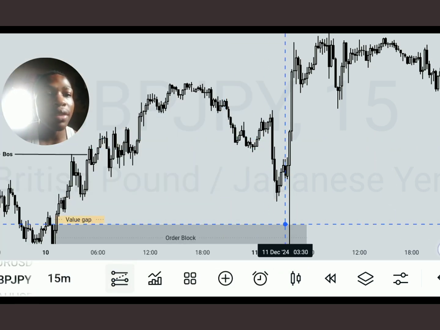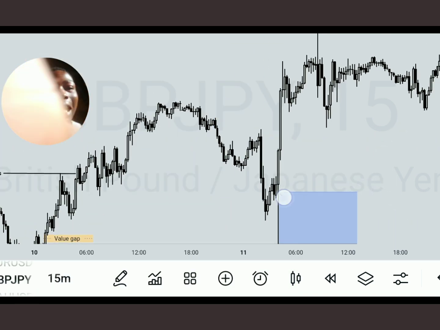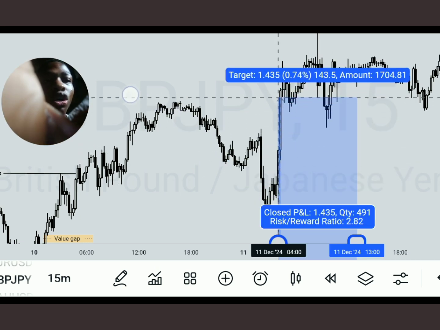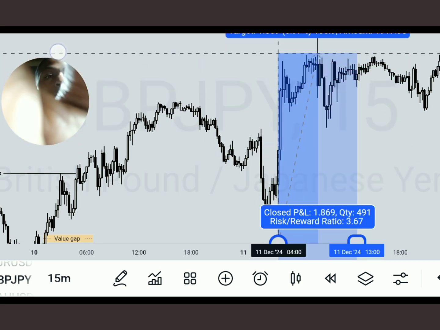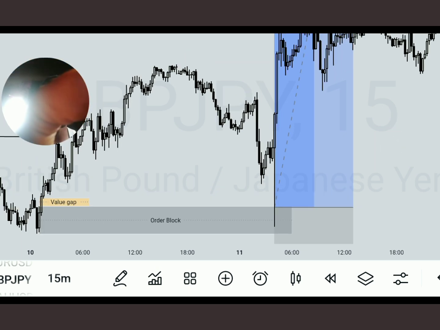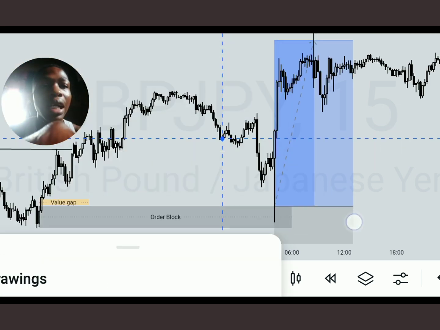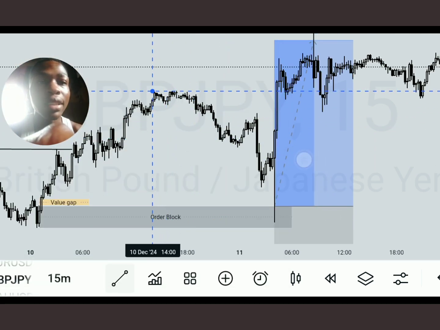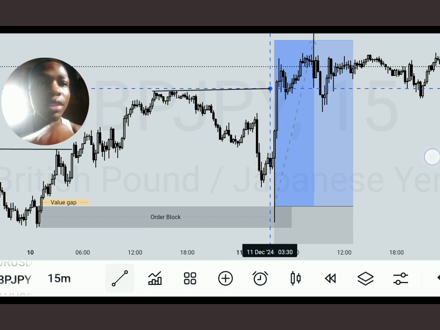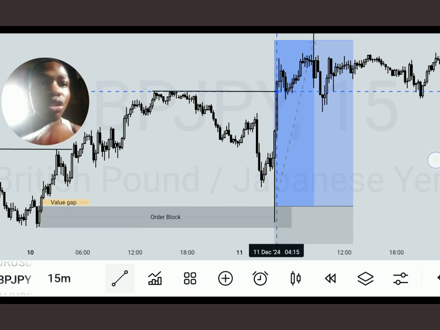Then you put it like this. This is a sniper entry. You just touch the order block and do not wait, and run away. Then it has broken another structure to the upside.